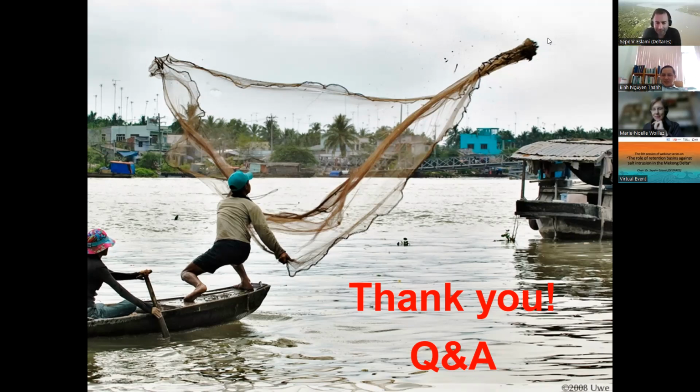Indeed, it was a very thorough analysis of what would be the adaptation strategies to salt intrusion, and so I'm happy that you touched upon that. The exercise on water retention basins was motivated by the fact that I also saw a question, what would be the impact on the communities around the Tonle Sap Lake?